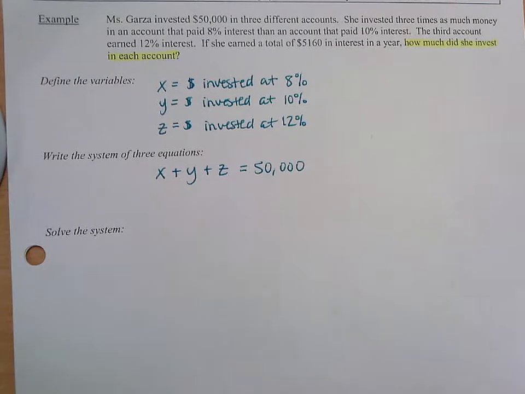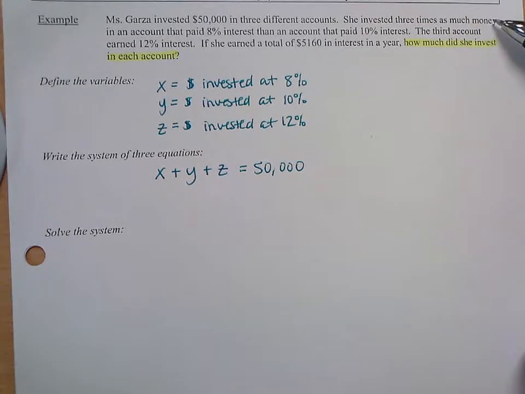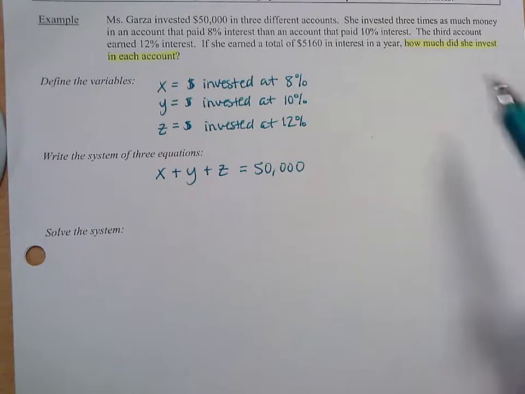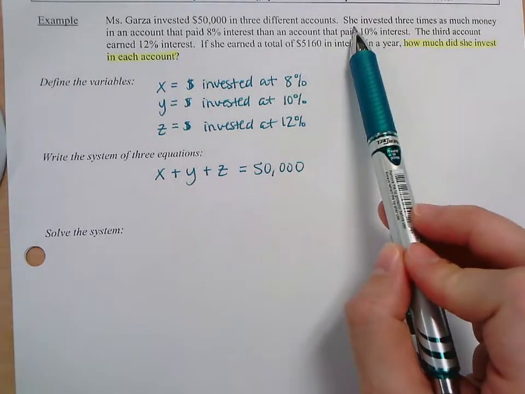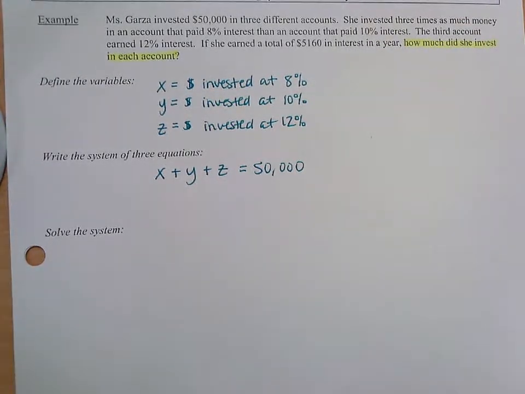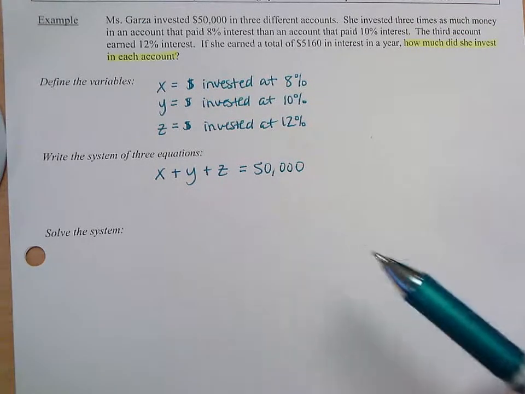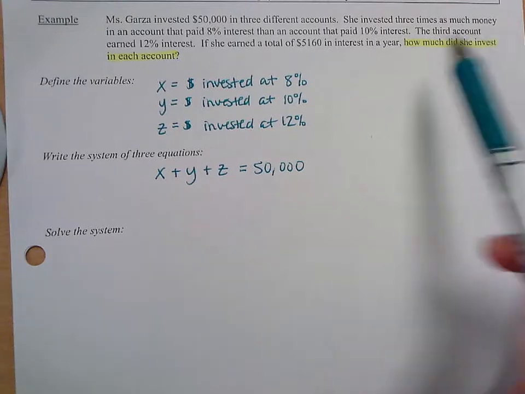Then it says she invested 3 times as much money in an account that paid 8% interest than an account that paid 10%. So if you look at this sentence, it's only talking about 2 of the 3 accounts. So not all 3 of your equations have to have all 3 variables.